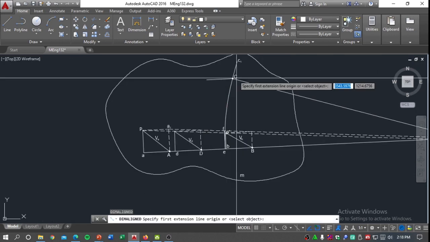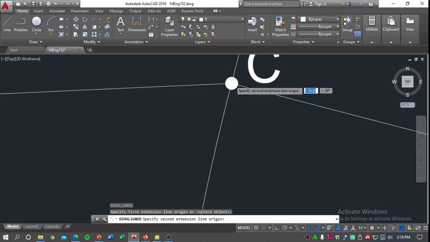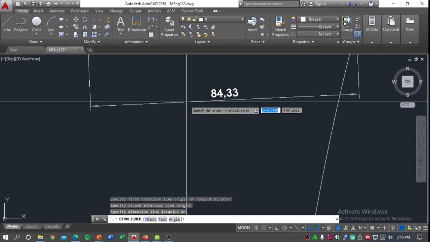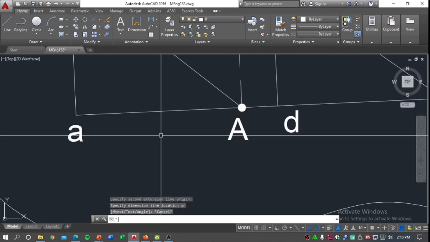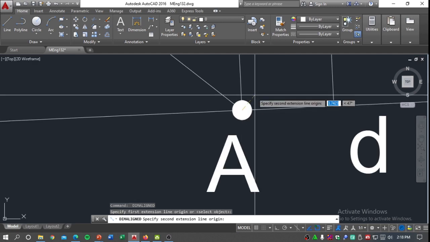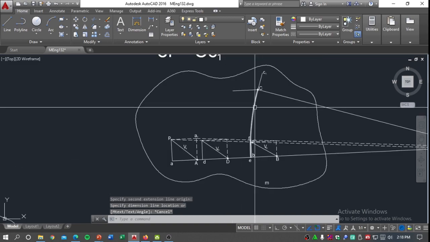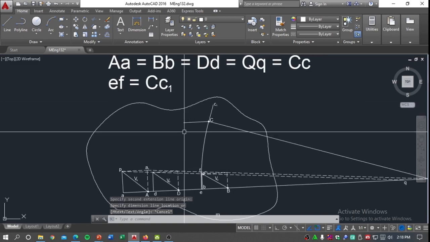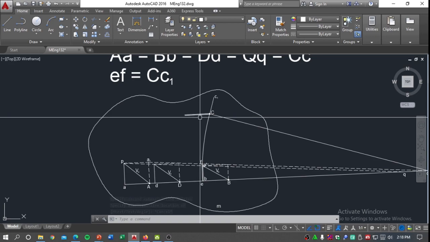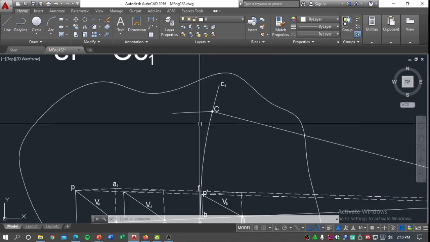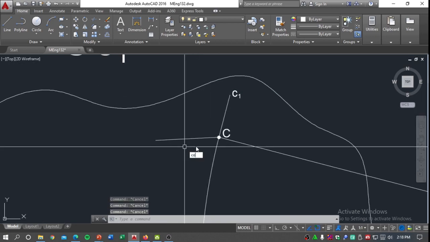Okay, we'll check. 84.33. All right, so we just obtained that the length of AA is equal to CC.